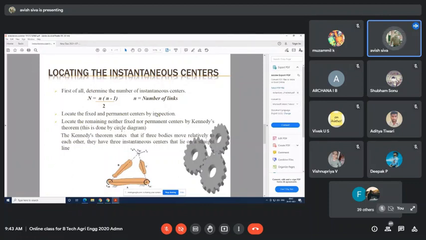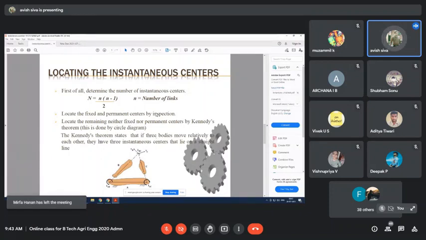Then there is one theorem associated with the instantaneous center, the Arnold-Kennedy theorem. That theorem states that if three bodies move relatively to each other, they have three instantaneous centers that lie on a straight line.